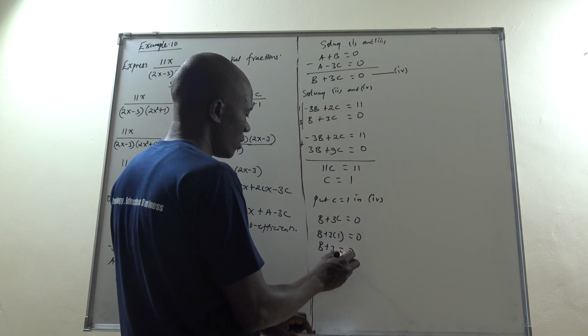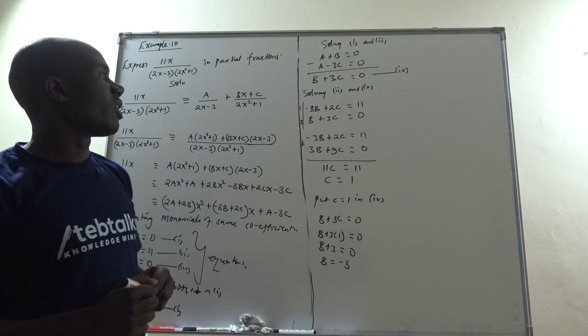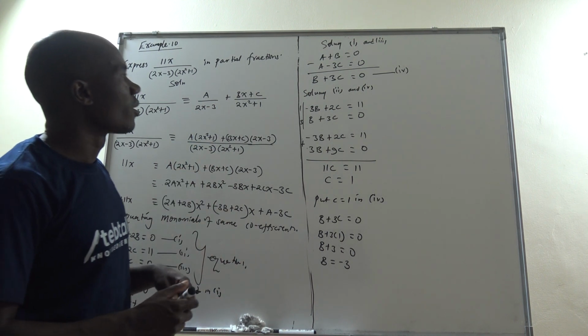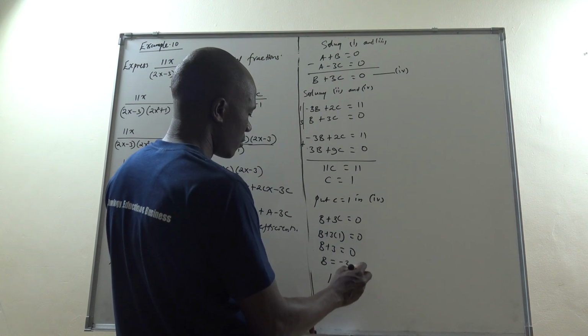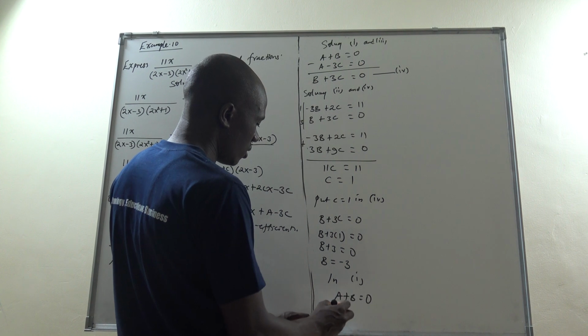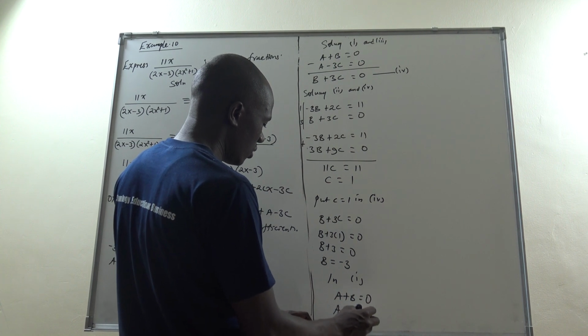So B alone equals negative 3. After coming out with B equals negative 3, we are free to substitute in any to get the value of A. In equation 1, where we had A plus B equal to 0, I've got A minus 3 equals 0. It means A equals 3.